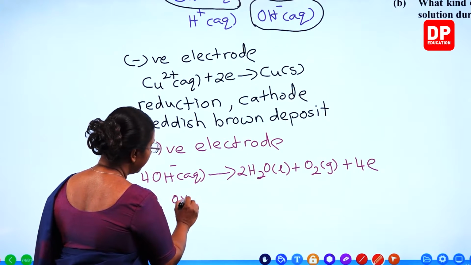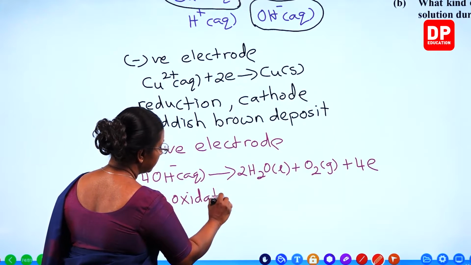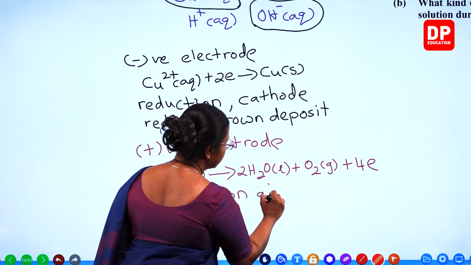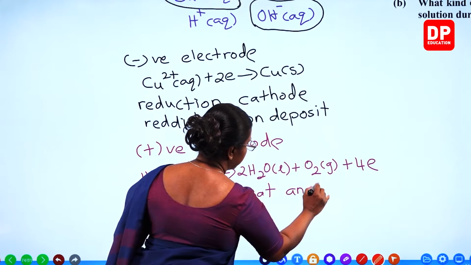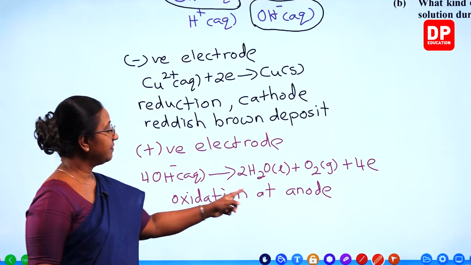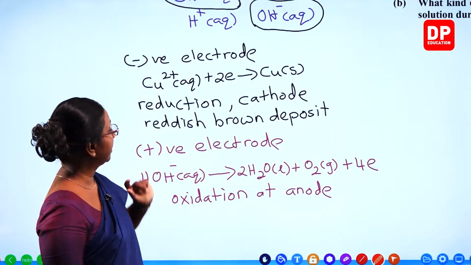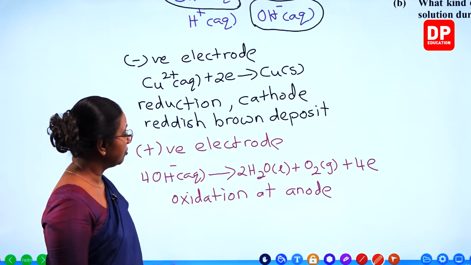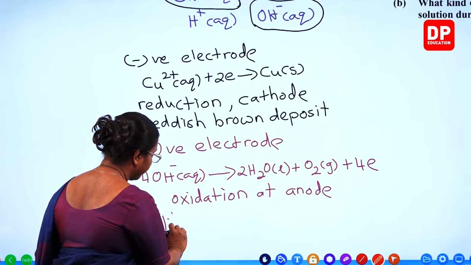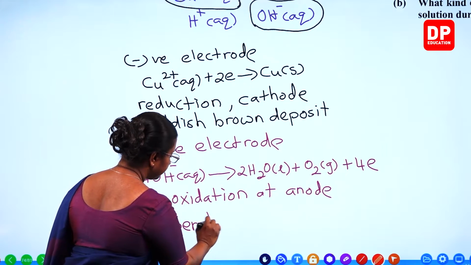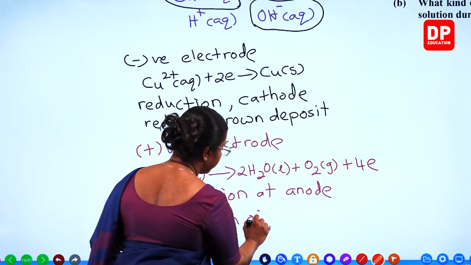So, this is the oxidation reaction taking place at the anode. The positive electrode is the anode, negative electrode is the cathode. So, here you will see liberation of gas bubbles.